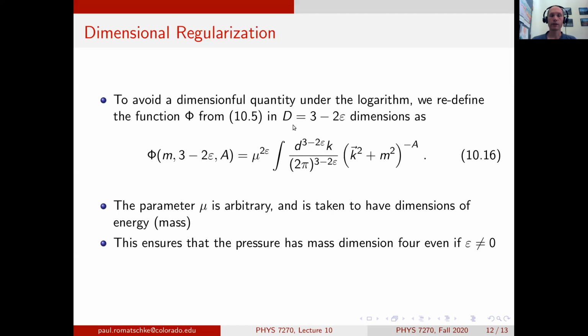So with this mu in place, we have an expression for phi that ensures that the pressure has integer mass dimension, even if epsilon is non-zero. And we give this mu a name. We call it the renormalization scale parameter. Again, it's arbitrary, but we have to give it some name.